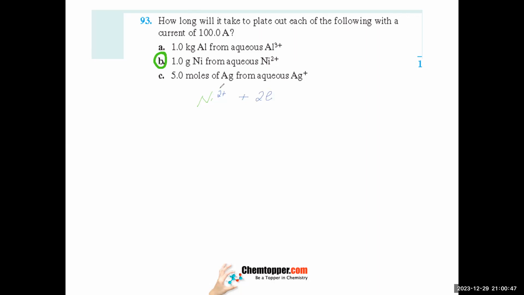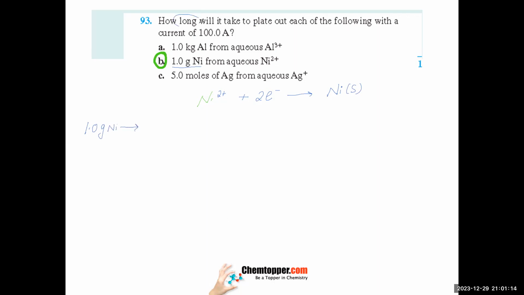I decided that because it is 2 plus. So it will gain 2 electrons to give you nickel solid. Right? This is the equation. Then how much grams of nickel is given? 1.0 grams of nickel.